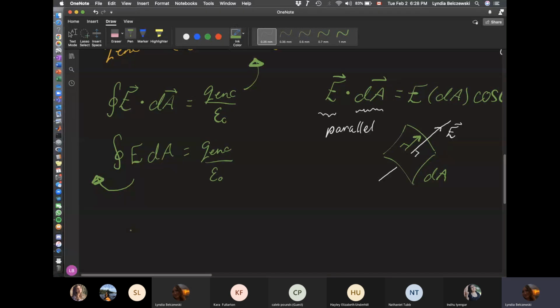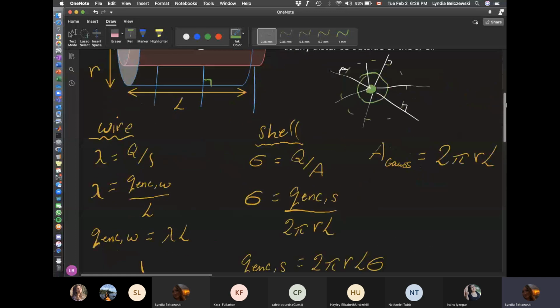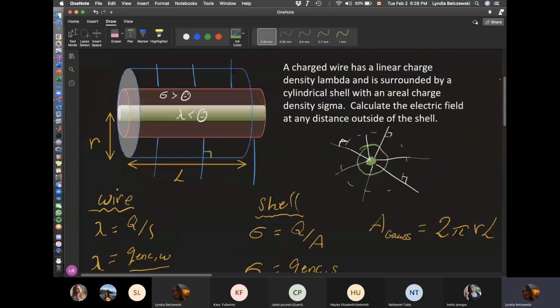So let's check and see if the electric field is constant on this surface. Well, we kind of set it up in a way so that it would be, because as the electric field lines are coming out, they'll cross the Gaussian surface at the same distance from the center of the wire and from the shell.